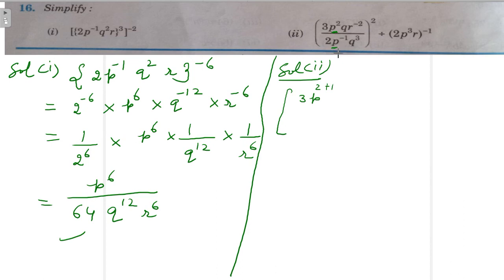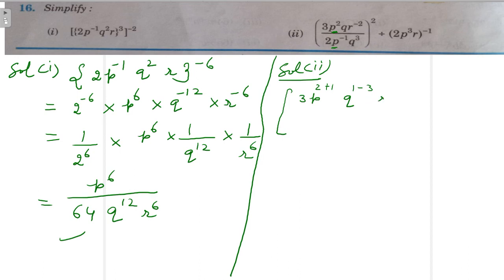It would become plus here, right? So q, and this I will take this q above also. Here is q raised to power 1, and it will become q raised to power 1 minus 3, right?